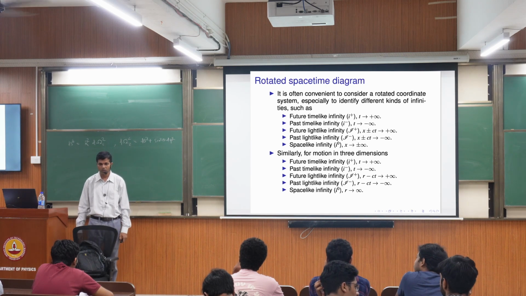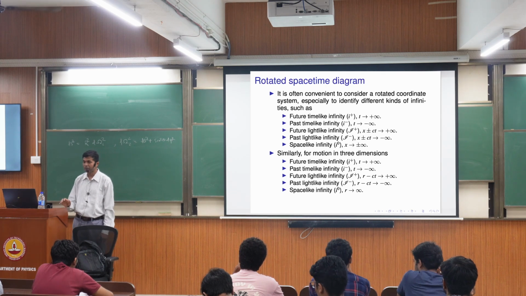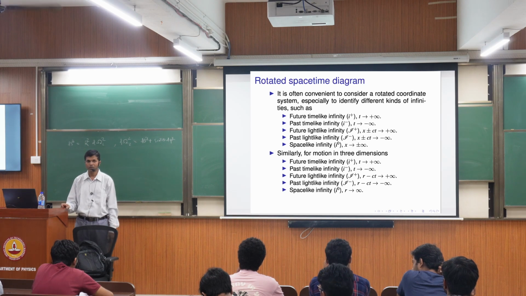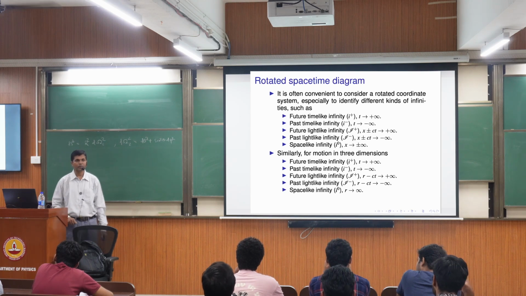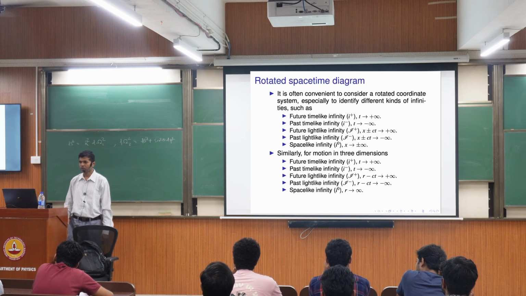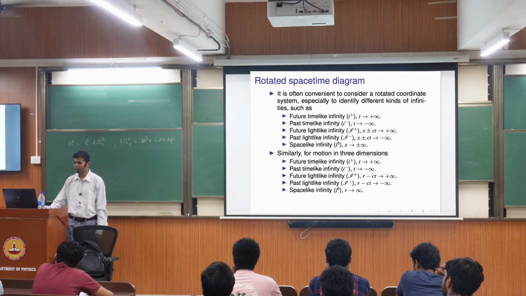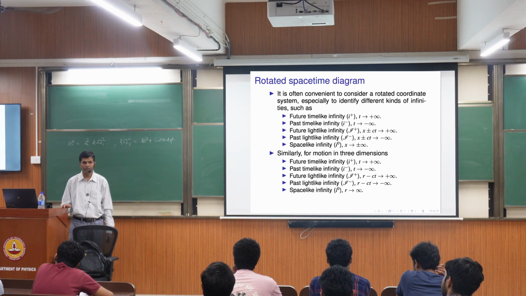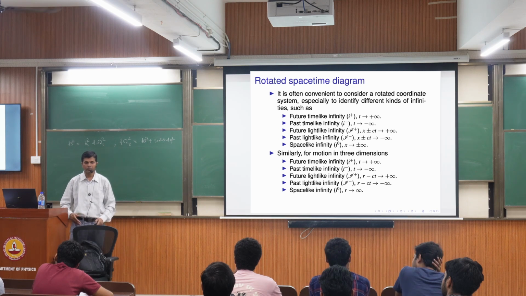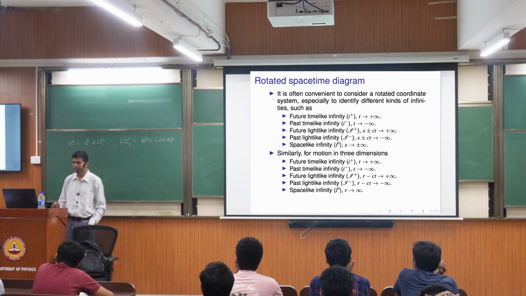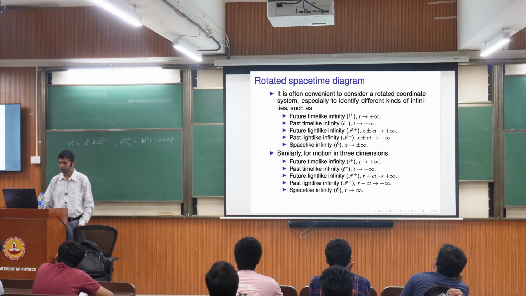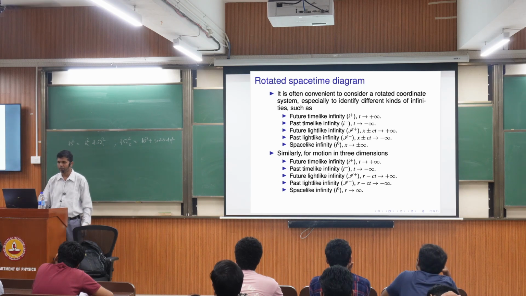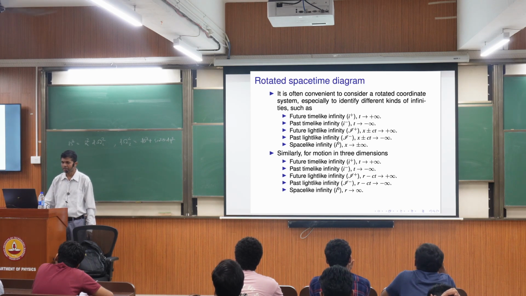There are various kinds of infinities associated with this. These are called future time-like infinity, which means you take the limit t goes to infinity, whereas r can be any point. It need not be spatial infinity. It is just t goes to plus infinity. Similarly, if t is minus infinity, then it is past time-like infinity. These are denoted by I plus and I minus.